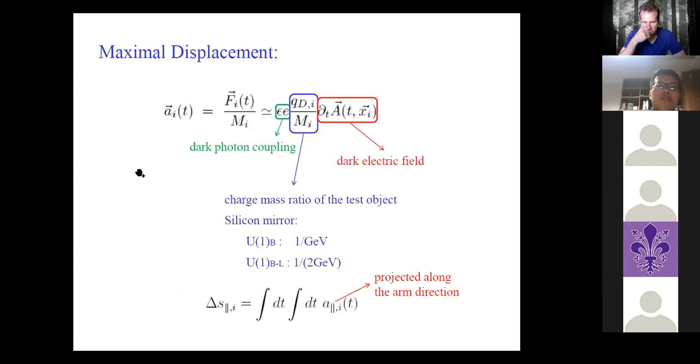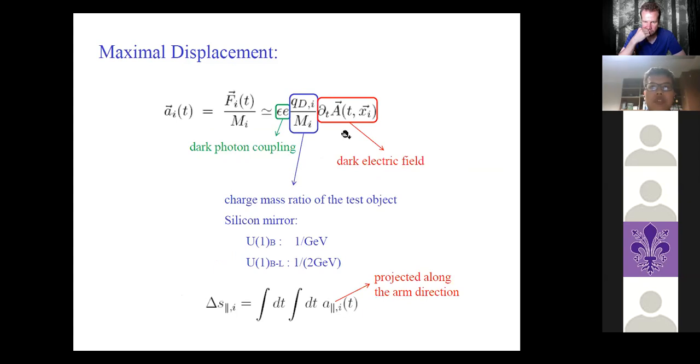Okay, after obtaining the local field strength of dark photon dark matter, we can calculate the forces induced by the dark photon dark matter background field on the test mass, which is given by this equation. And there are three components in this equation. The first component is the dark photon coupling. The second component is the charge-to-mass ratio of the test mass.